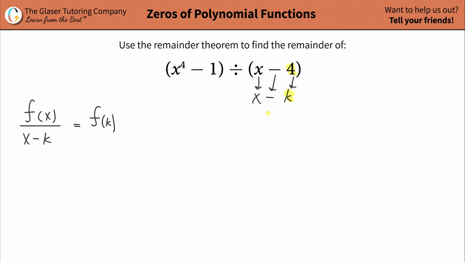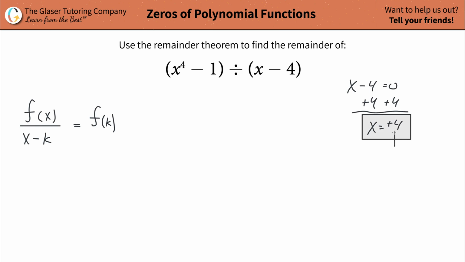Now this is nice and easy to apply here, but the method I like better is to take this linear function, whatever it is, x minus 4, set it equal to 0, and solve it for x. Whatever you come up with is going to be your k value, which is positive 4 here.